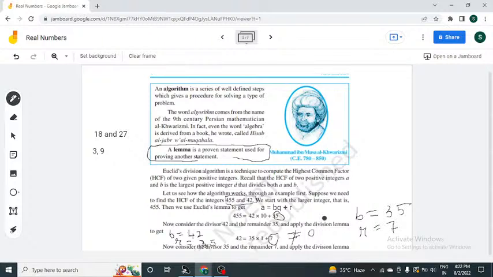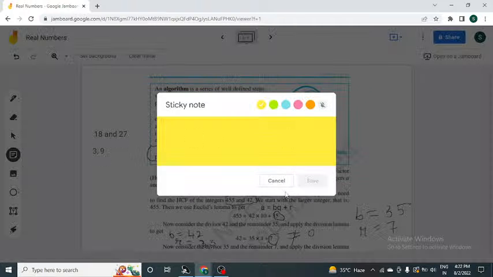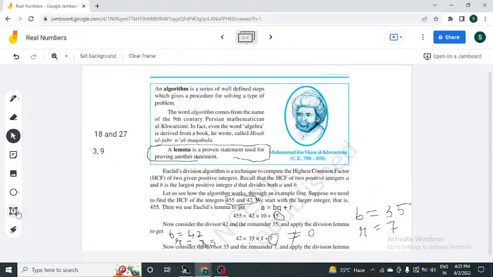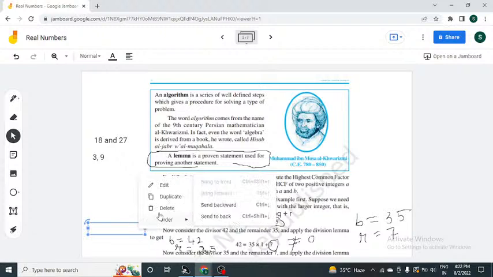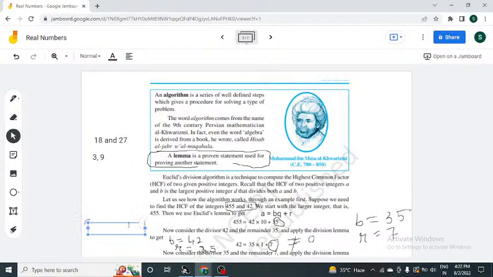Now let us write the third one ourselves. How are we going to write down the third one, for which you are going to apply the lemma? So that would be 35 equals, now how many times 7 is 35?